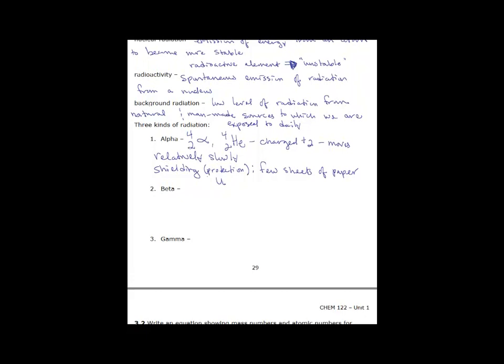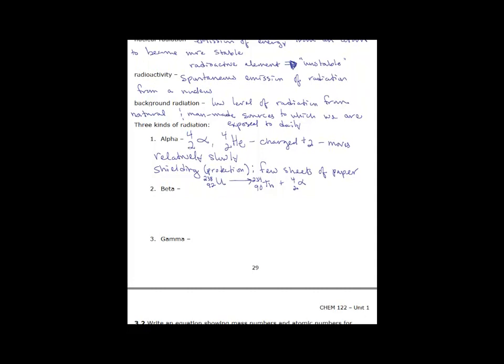So, okay, uranium-238-92 decays to produce an alpha particle and thorium-234-90. Now the way these equations work, you can kind of think of that arrow as the equal sign.